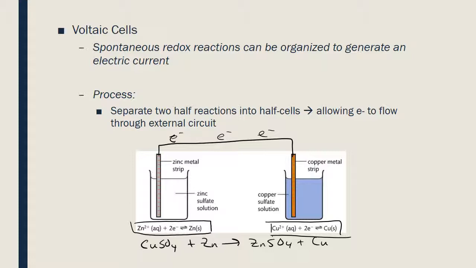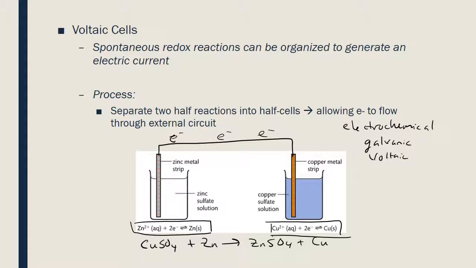And so these are called electrochemical cells, also known as galvanic cells, and voltaic cells.